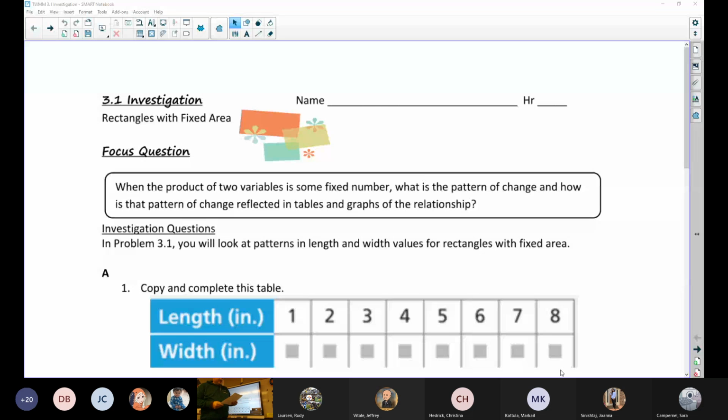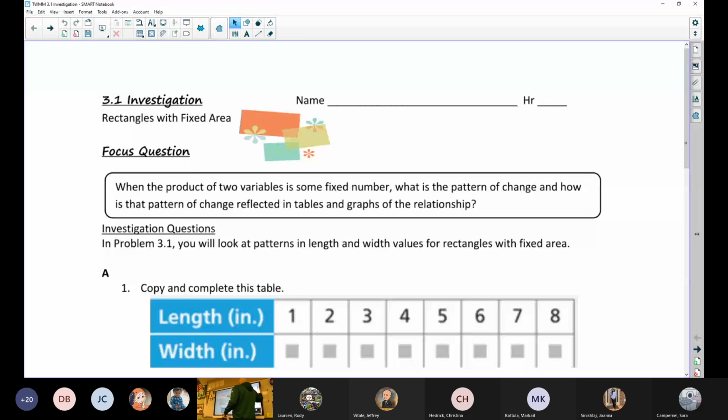So today we get into rectangles with a fixed area. Up until this point, we've dealt primarily with straight lines, right? Here's our focus for today: when the product of two variables is some fixed number, what is the pattern of change, and how is that pattern of change reflected in tables and graphs and the relationship?